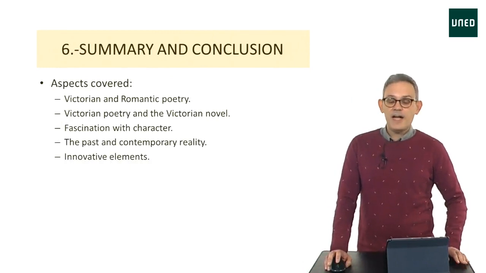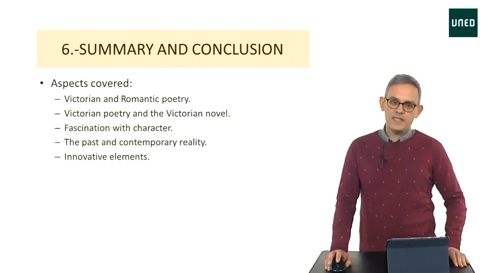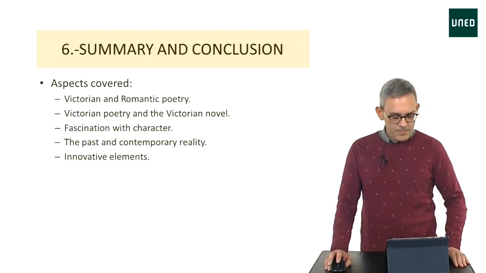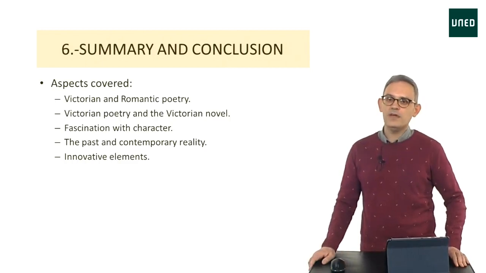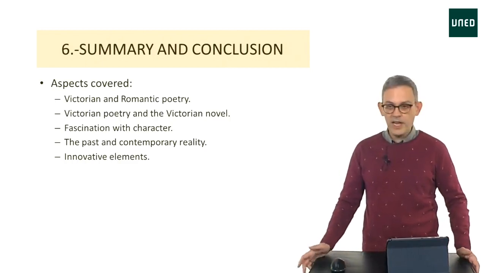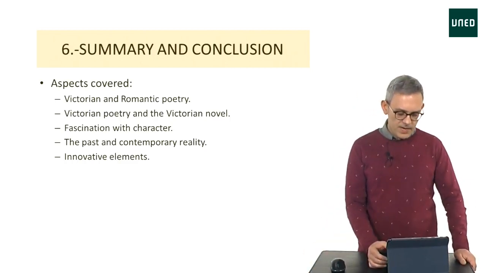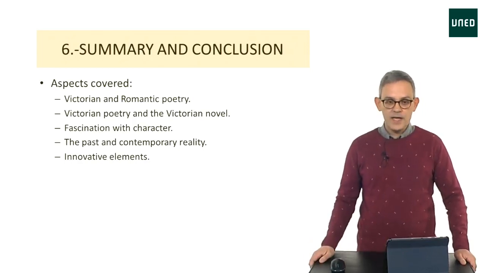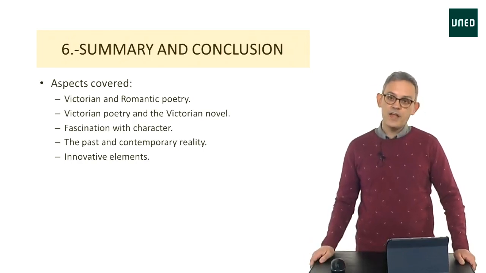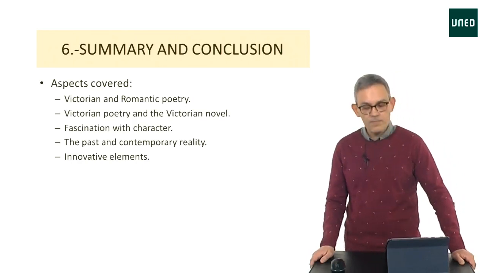The main aspects I have covered in this video lecture have been how Victorian poetry connects with and departs from Romantic poetry. We have also considered in what ways Victorian poetry resembles the Victorian novel.